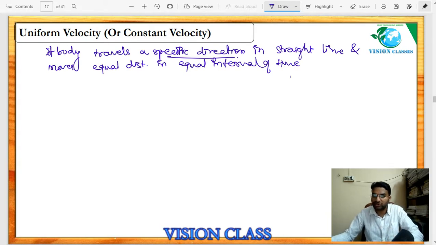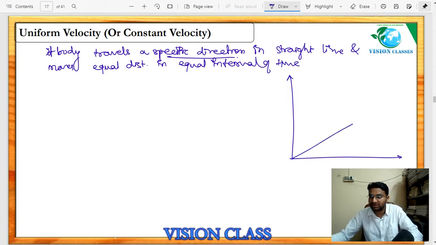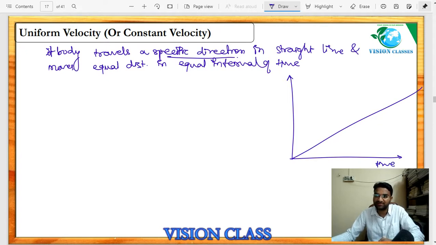So uniform velocity might look like this, with distance on the y-axis and time on the x-axis. It's a uniform velocity.